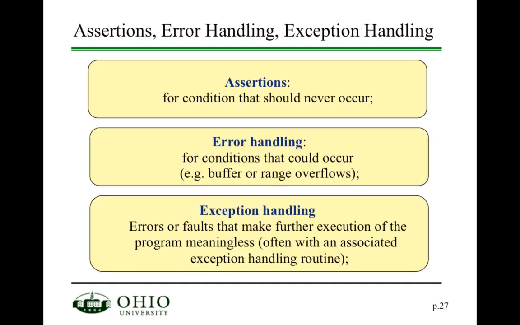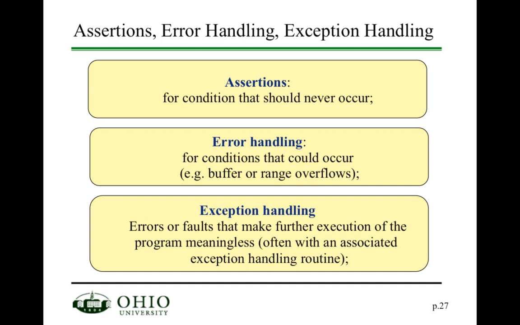Of course, as I said in the previous recommendation, you want to use assertions for conditions that never occur, and error handling if conditions could occur. For example, if you have a particular range check, where a variable can only be in a certain range, then if it could potentially be outside that range, you have to check for it.